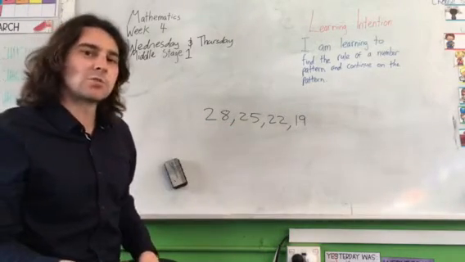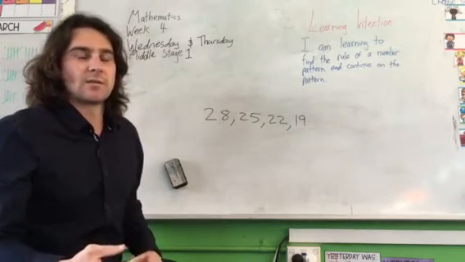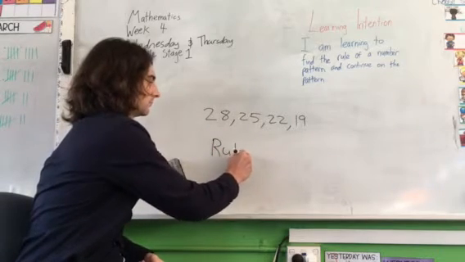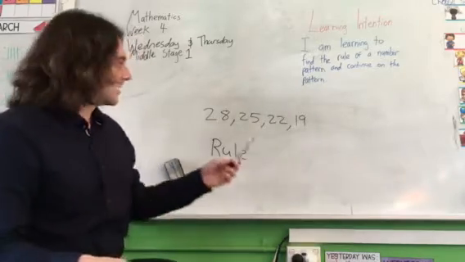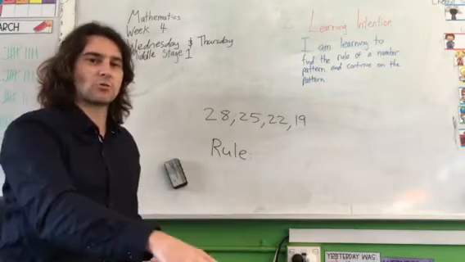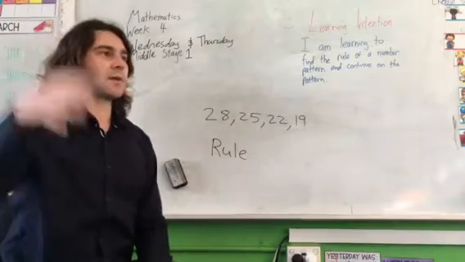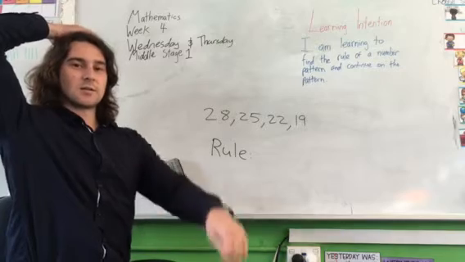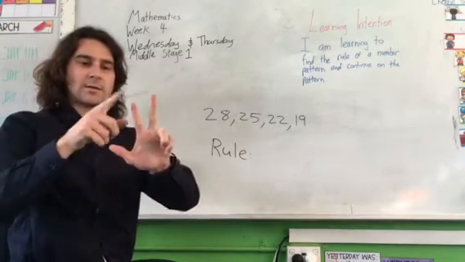The numbers are getting smaller, so I know that means the numbers are decreasing. That means that I need to minus. I need to subtract. 28 is bigger than 25. So our number pattern is decreasing, which means we're going to use subtraction. 28 and 25, I put 28 in my head and I count backwards to 25. 28, 27, 26, 25. 1, 2, 3.